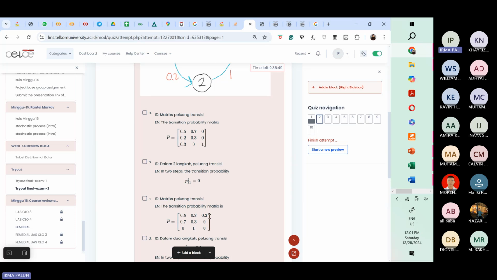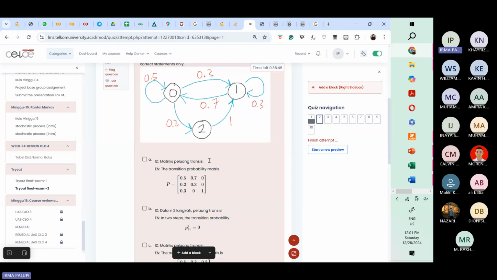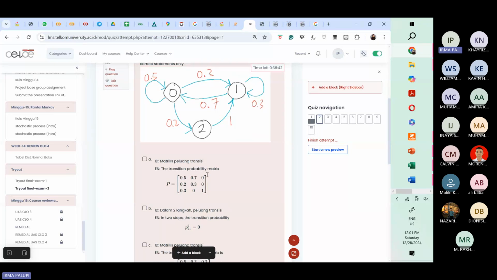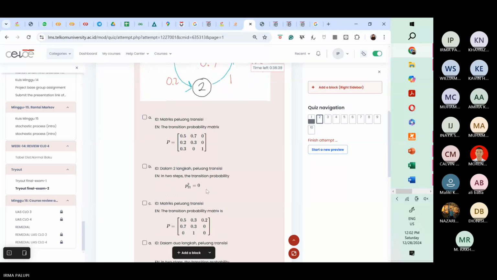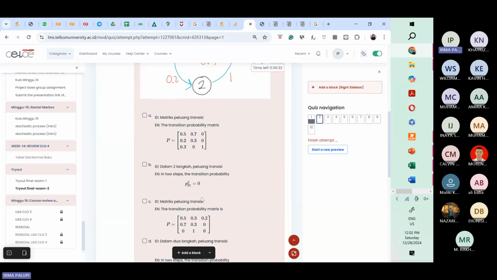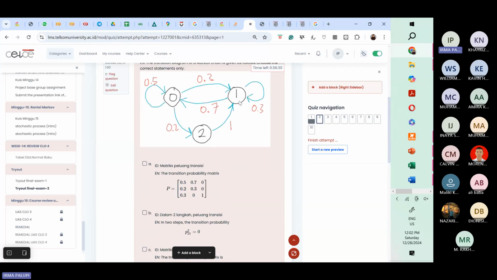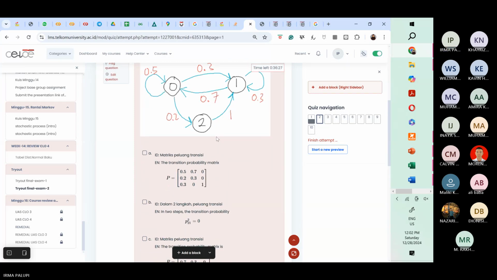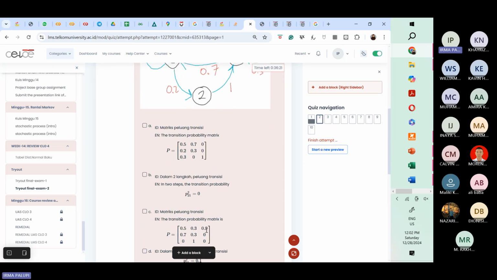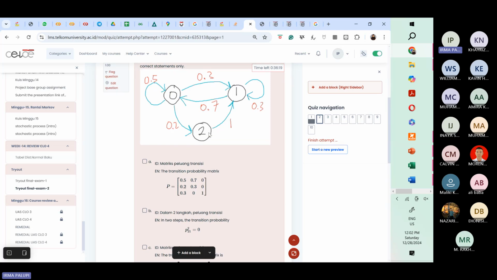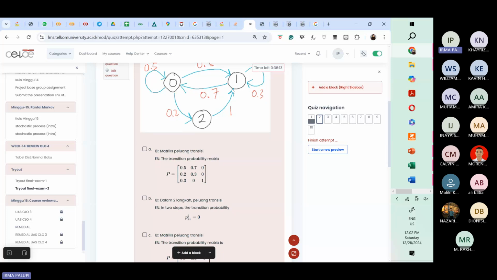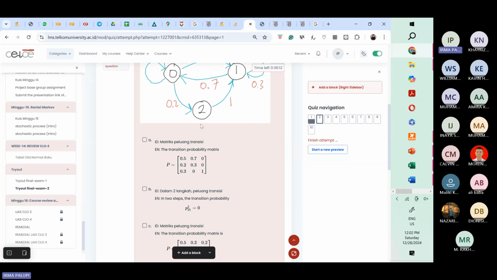I think this one is correct, right? We skip this first. So 0 to 2 is 0.2, and 1 to 0 is 0.7, 1 to 1 is 0.3, 1 to 2 is 0. And for 2, we have 2 to 0 is 0, 2 to 1 is 1, and 2 to 2 is 0. So this is correct.